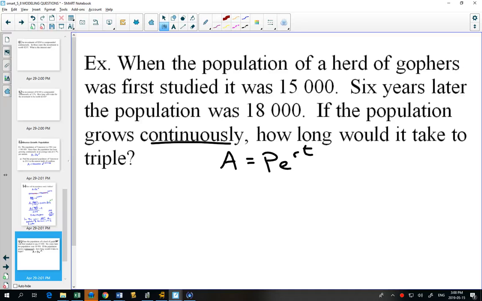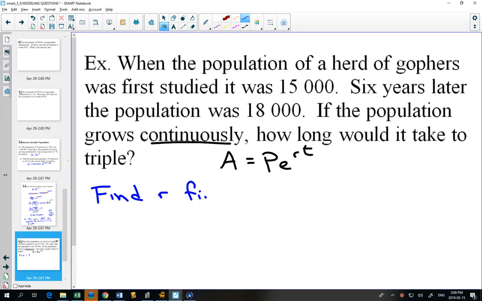But the problem is you don't know t, and you don't know r. So if you want to solve for t, you need to put in numbers for everything else, but we don't know r. So this is the most complicated kind of question, because you don't know t and you don't know r. So what do we have to do?